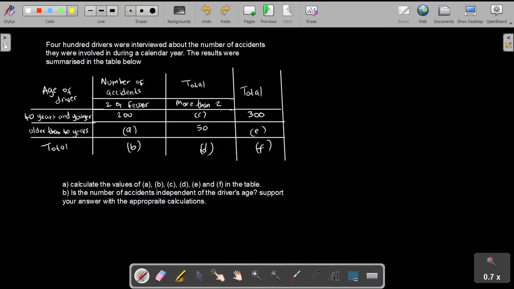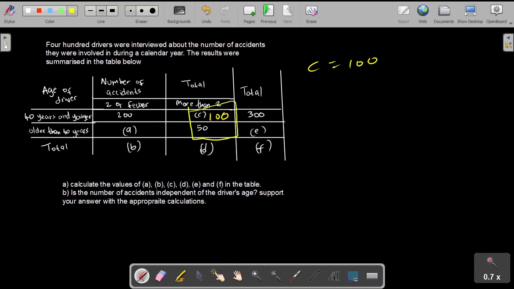So we can quickly conclude that the value of C is 100. So 100 should go over there. And now that we have this value, if we look down here, we also have another value. And to find D, all that we have to do is add these two, so that the total is the total of the column.